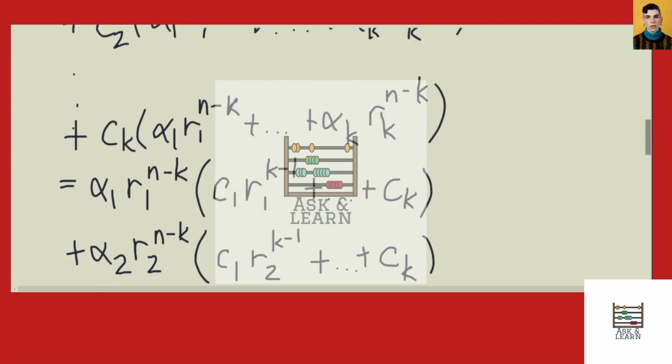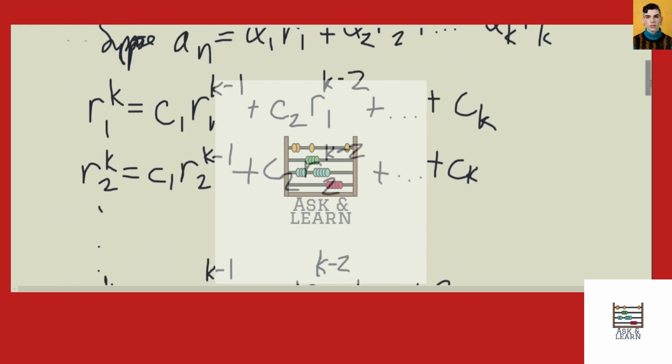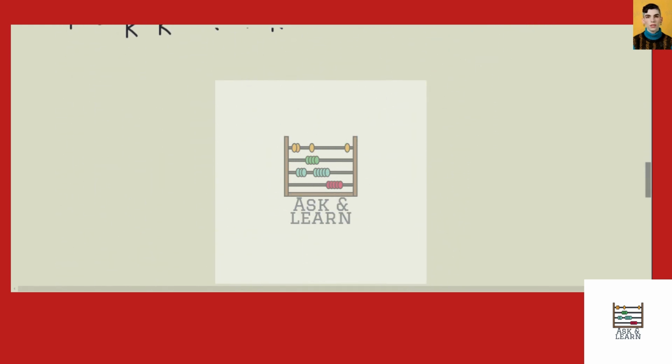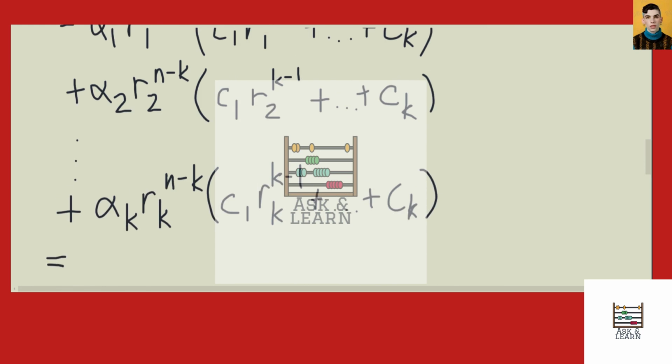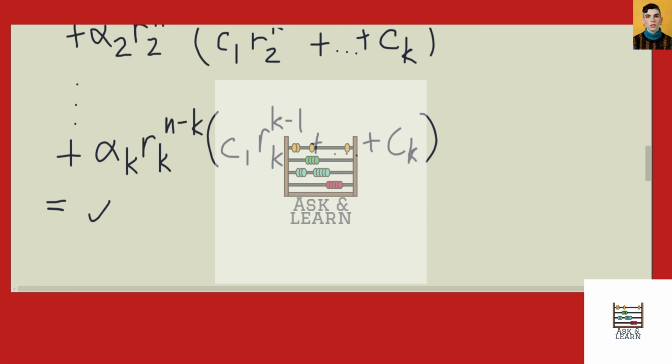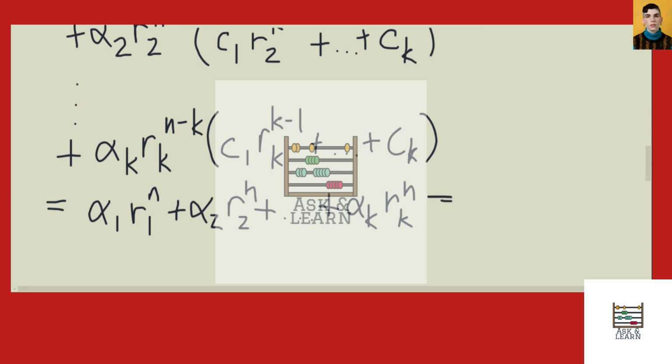And by our previous statements here, this is going to be equal to alpha 1 r1 to the n minus k times r1 to the k. This is going to be alpha 1 times r1 to the n plus alpha 2 times r2 to the n all the way out to alpha k times rk to the n, which is an.